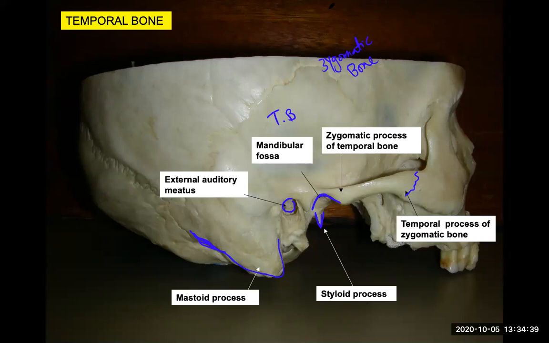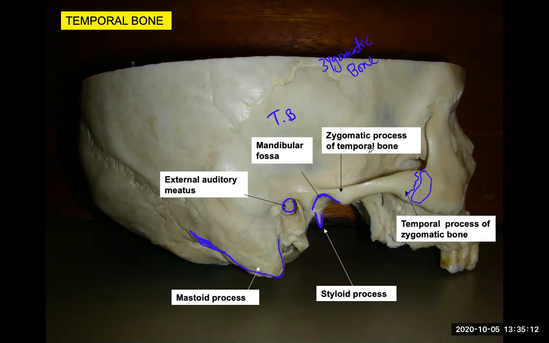So if I'm looking at this part of the picture right here, and I'm sorry, the arrow is a little off, this part corresponds to the temporal process. Process is an extension of the bone, but it's coming from the zygomatic bone, which is this bone. This extension you see right here is moving toward the zygomatic bone. So it's called the zygomatic process, but it's actually associated with your temporal bone.